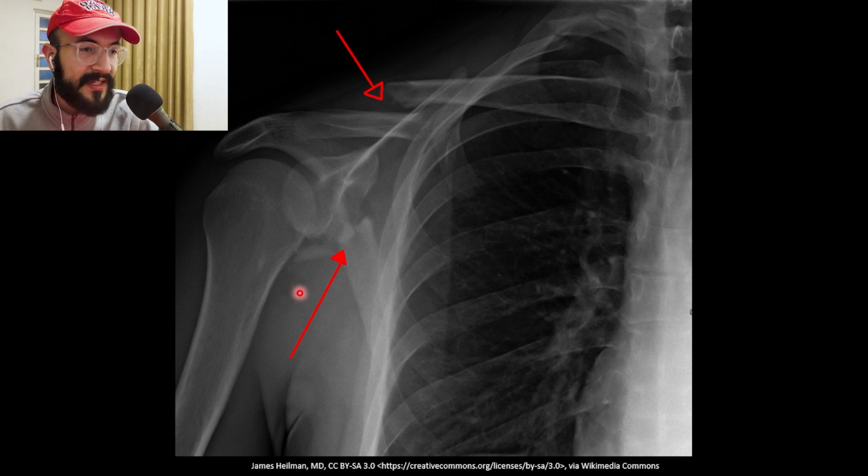So we have an AP shoulder X-ray and the same steps are applied. We start with the bones, looking for any cracks. We start with the humerus here. It's normal. Then we move on to the clavicle and we can see that we have a clavicle middle third fracture here with displacement.